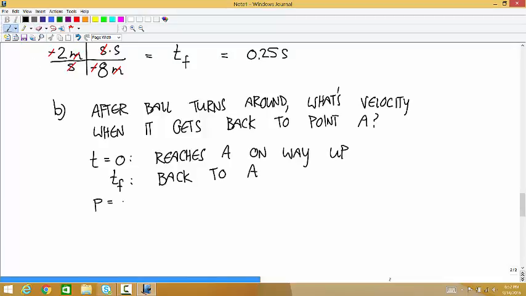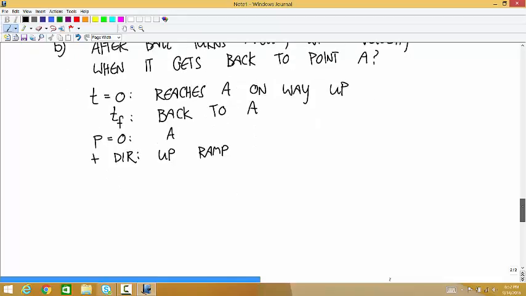And then p equals 0, we'll make that A again. The positive direction will make up the ramp again. And then think about what we know and want. Do we know time final?